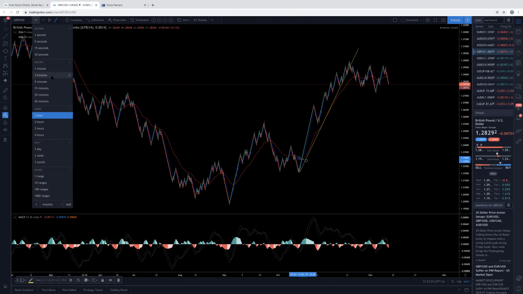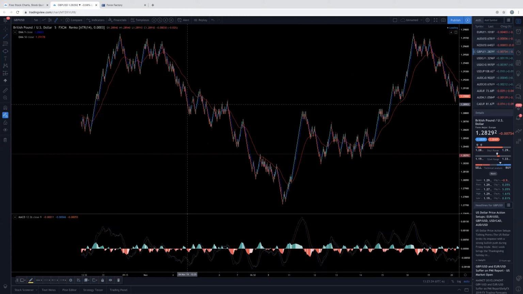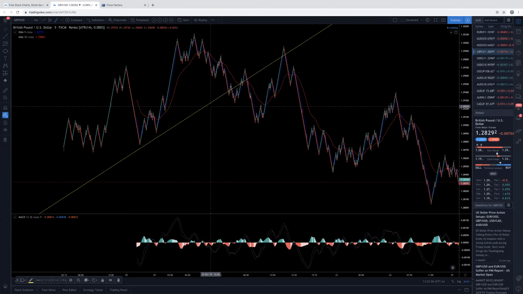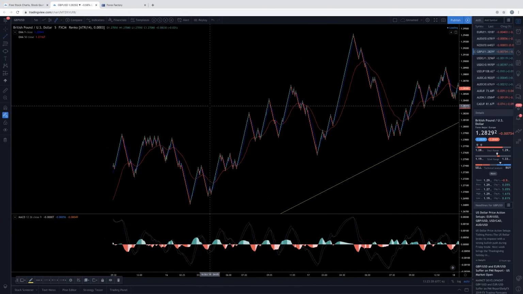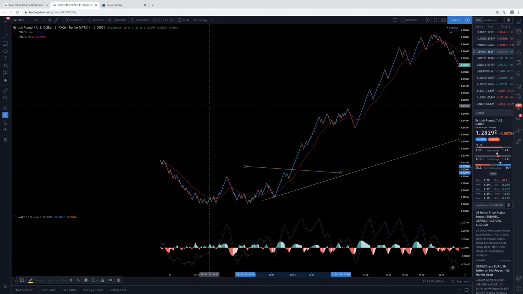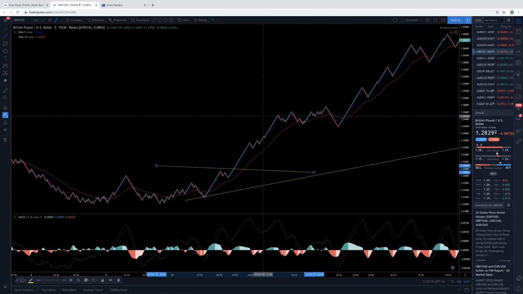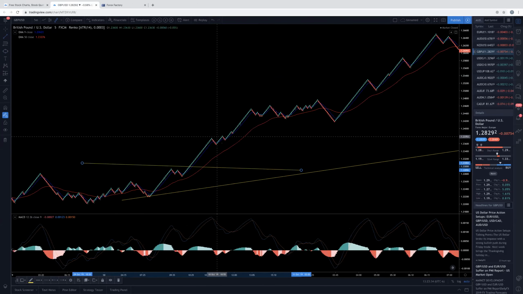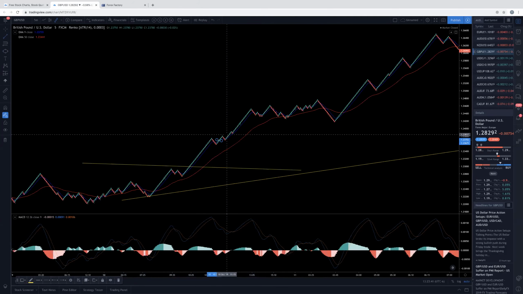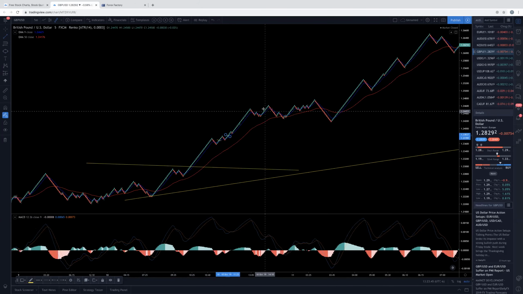So drop down to the 5 minute. There's our cross. So she identified that this was an entry. This was an entry, right? Then we talked about the next entry, right?